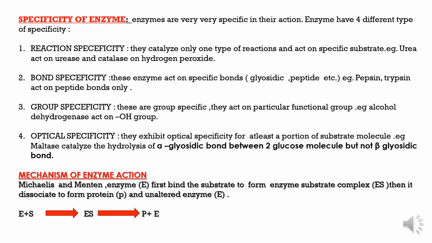Mechanism of enzyme action. Michaelis and Menten stated that enzyme first binds to the substrate to form enzyme substrate complex, denoted by ES. Then it dissociates to form product and unaltered enzyme.